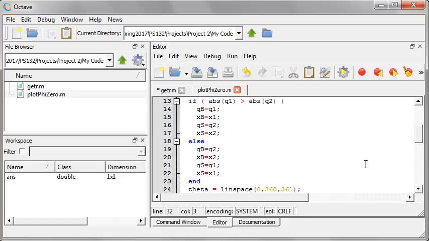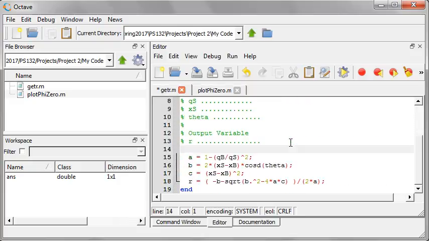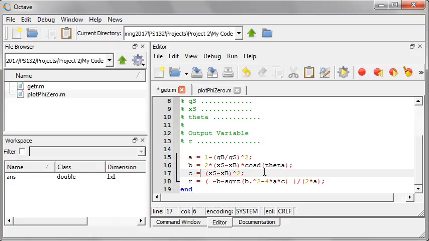Let's see if the other piece of code needs some explanation. I think it's pretty clear that we're trying to find out what R is, and it said to do that. It's actually kind of obvious that R itself is a solution to a quadratic equation based on the choice of the names.